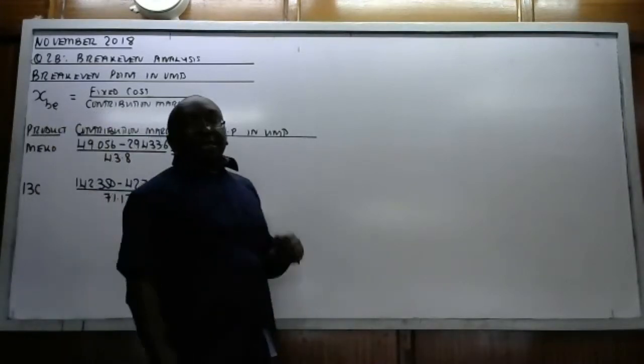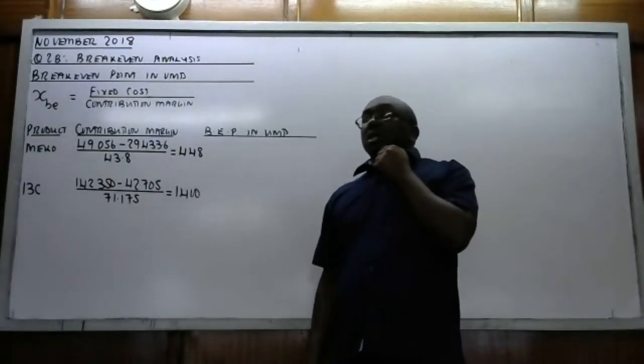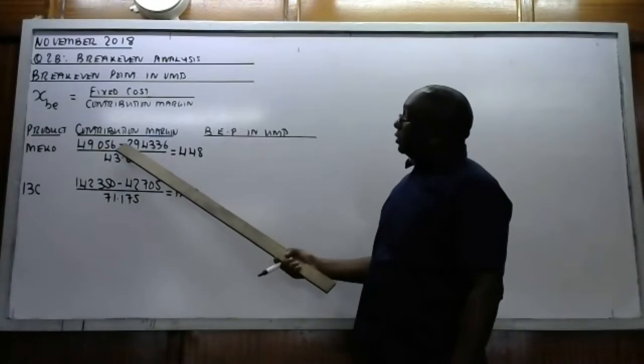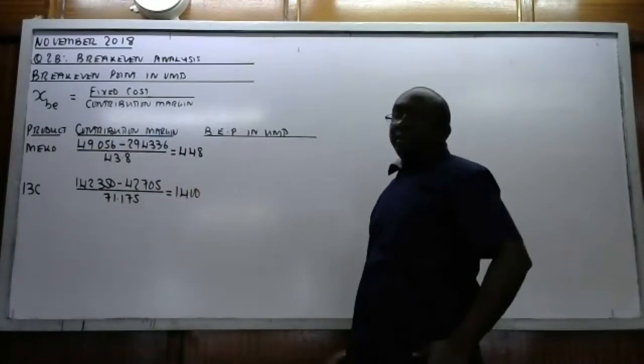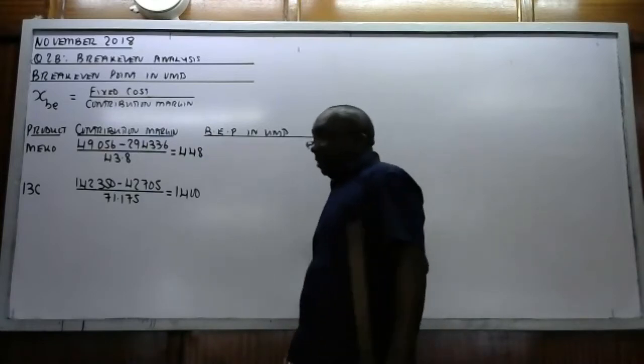Remember, contribution margin is the selling price minus variable cost. But you can get the total contribution, you divide by the units, you still get the same answer.